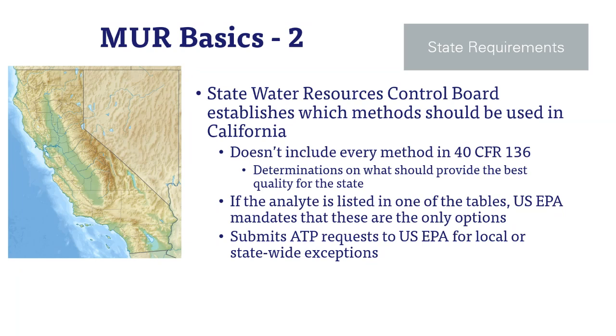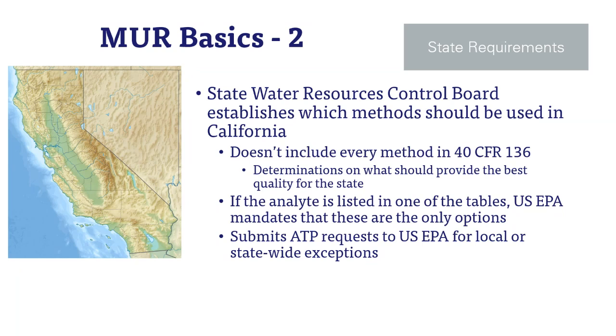Some of the methods that are approved don't reach detection limits that are appropriate for the limits that are used in California. So the method itself doesn't reach a low enough detection limit. Some of the methods use chemicals that aren't allowed to be purchased here in California. So those don't get offered.